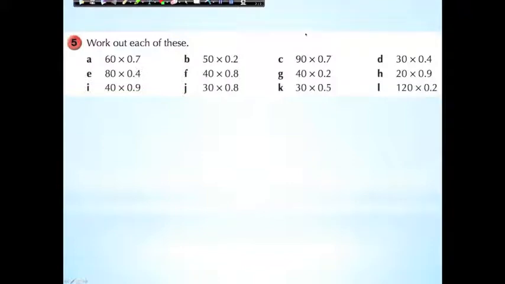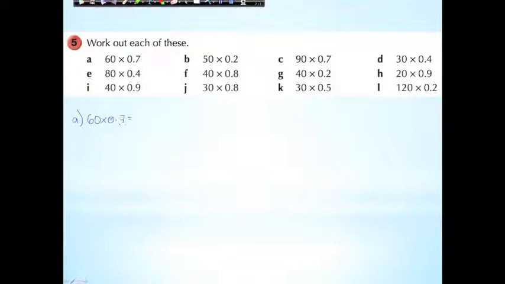Okay, for these questions we're just going to have a little bit of practice multiplying by decimals. We've already had one example earlier on, so let's go through the first one together. We've got 60 times 0.7.